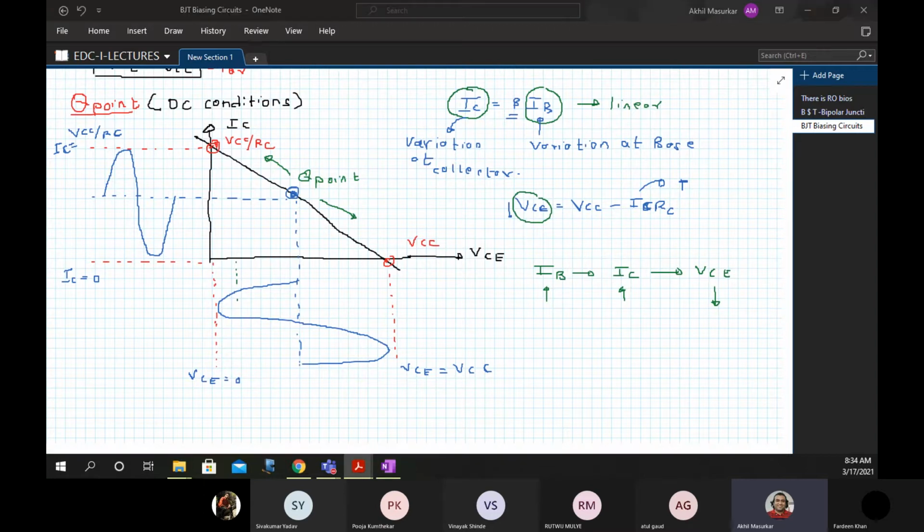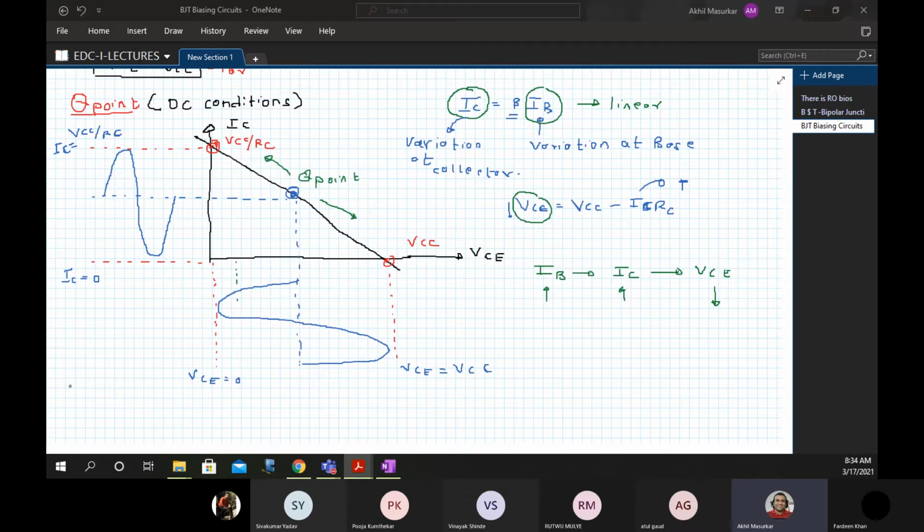So here we need to speak about selection of Q point, where this Q point should actually lie. When used as an amplifier, the transistor output, that is VCE, must swing up and down by equal amounts.